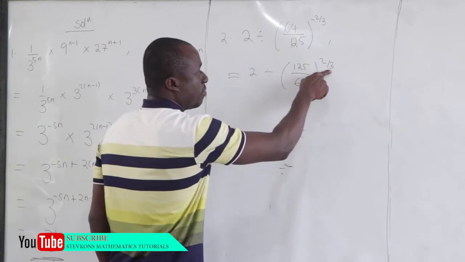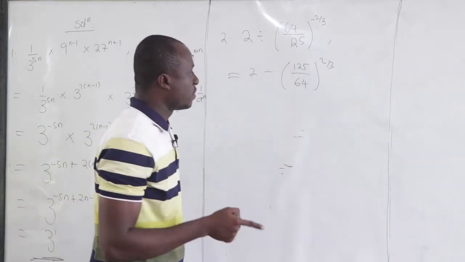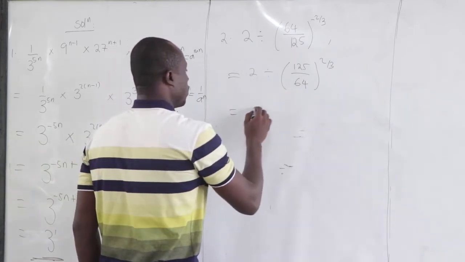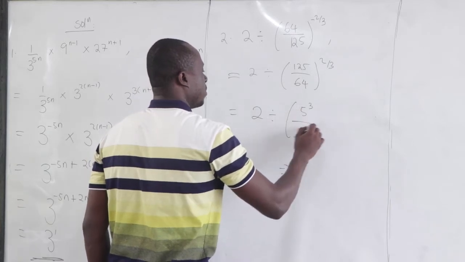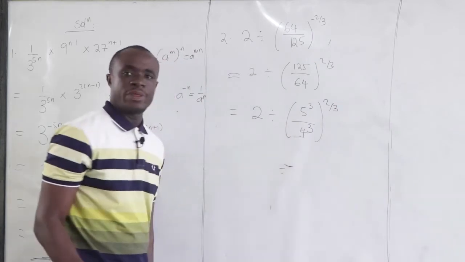And this is 2 over 3, and because it's over 3, it means the number to the power 3 will give us 125, and the number to the power 3 will give us 64. So you have 2 divided by 5 to the power 3 and 4 to the power 3, all to the power 2 over 3.